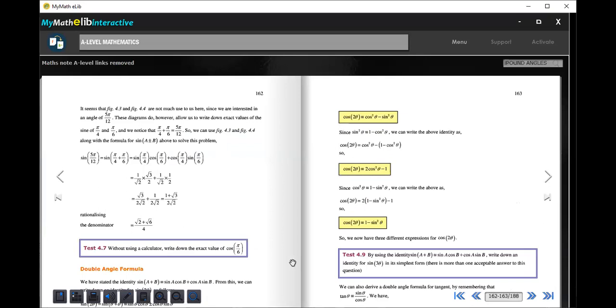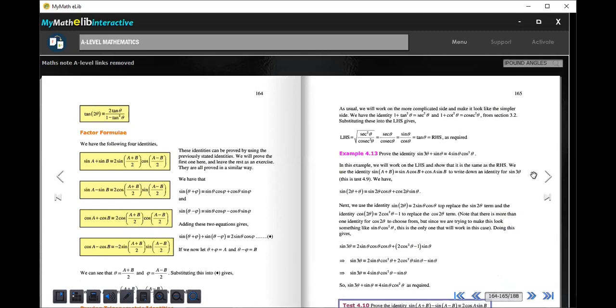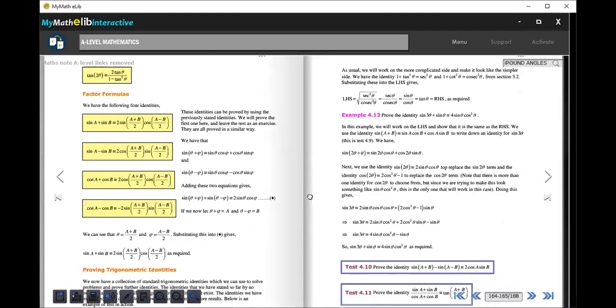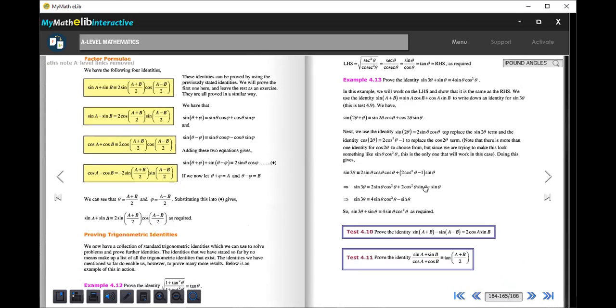But from these double angles, they can ask us to prove.